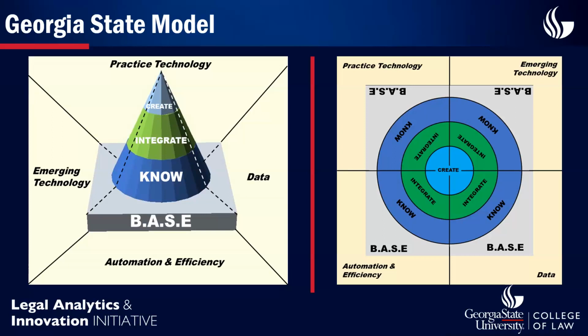Automation and efficiency, basic streamlining and optimization of practice and routine processes, including concepts like process improvement and document automation. And then finally, emerging tech, technology and concepts fundamentally changing how we practice. And this category is constantly changing and acts a bit as a catch-all for things that don't quite fit.